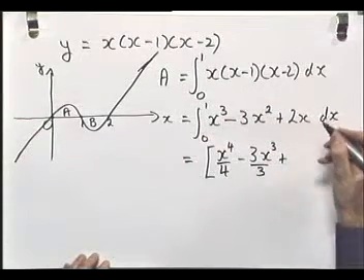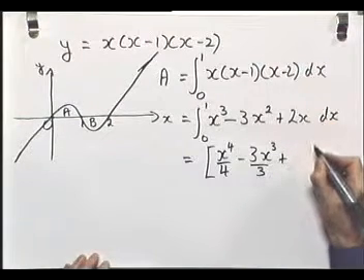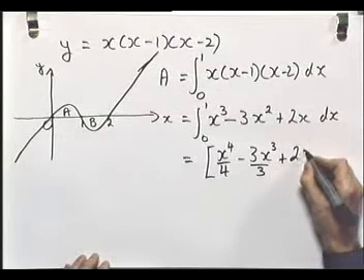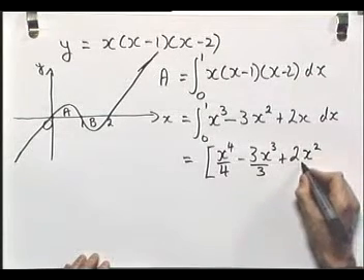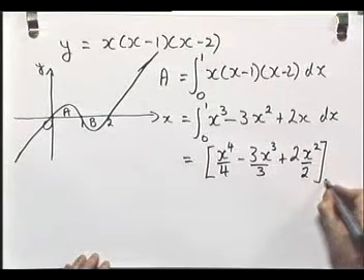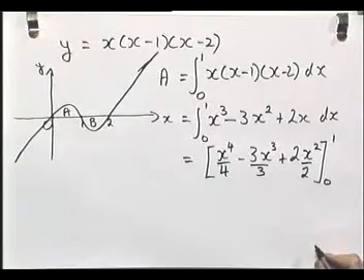Now, x is x to the power 1. We don't always write the 1 there, but we know that it means x to the power 1. So we add 1 to the index, that's x squared, and we divide by the new index. And these are our limits of integration, 0 and 1.